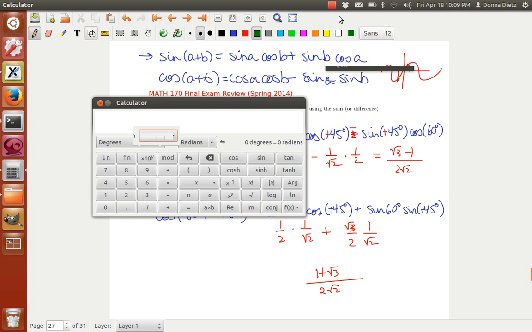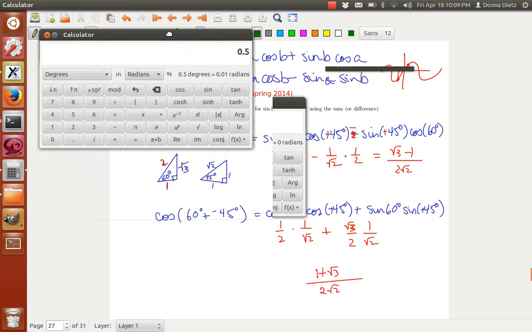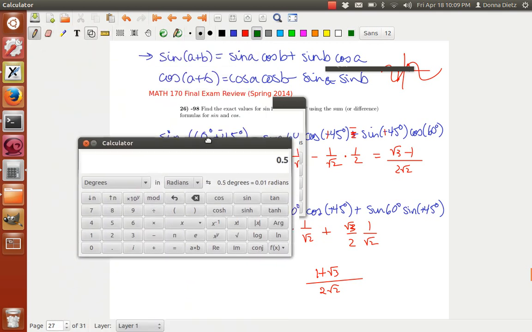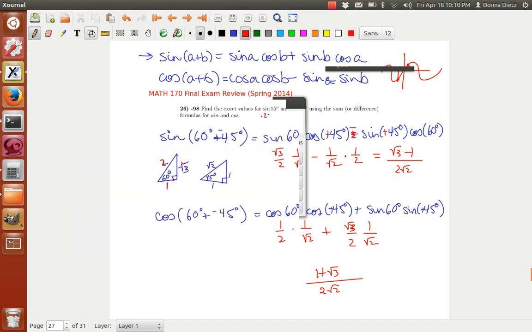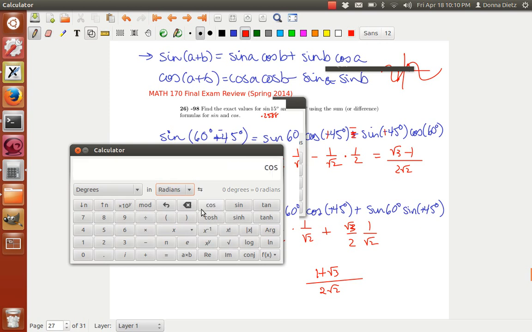Okay, it is in degrees. So I want to find out what the sine and cosine of 15 degrees are, just for reference. Sine of 15 should be about 0.2588, and cosine of 15 should be 0.9659.